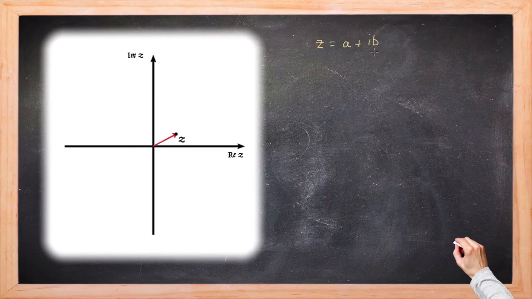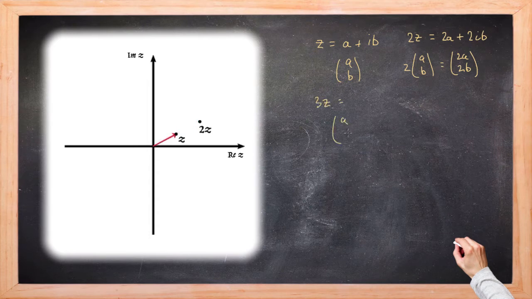So if we're looking at a vector, a complex number z, real and imaginary parts a and b, then doubling that vector scales it by a factor of 2, and the corresponding complex number 2z would have real and imaginary parts 2a and 2b. We could scale it by a factor of 3.